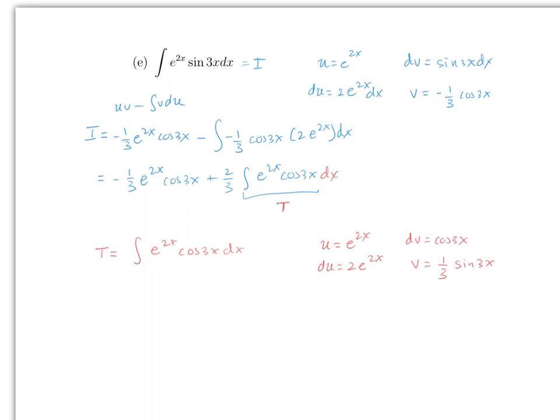And you can verify that by taking the derivative of this, which gives you this. All right, so then if you plug it into T, this will be uv again, so it should be 1/3 e to the 2x sine 3x minus the integral of v du, which will be this, and du is 2e to the 2x dx.